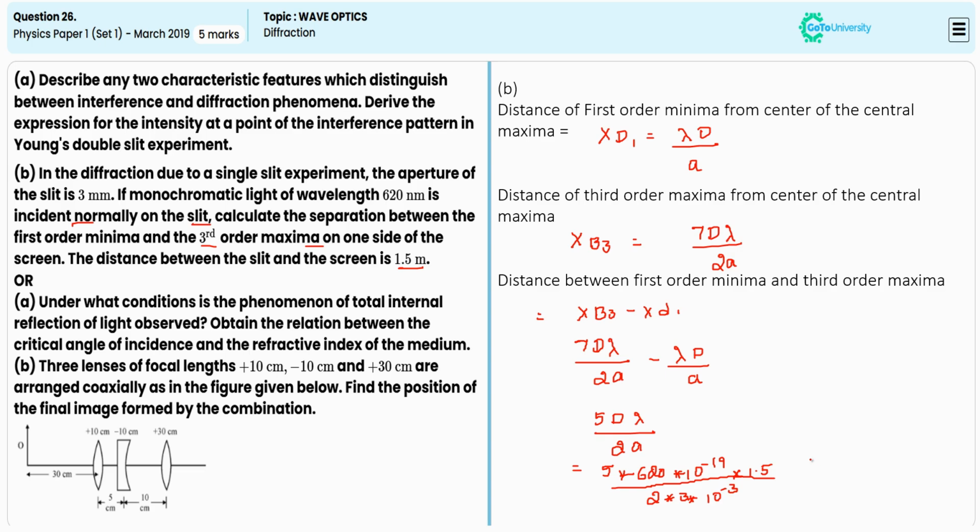When we simplify, we get the value 775 into 10 to the power of minus 6 meter, or we can say 7.75 into 10 to the power of minus 4 meter.